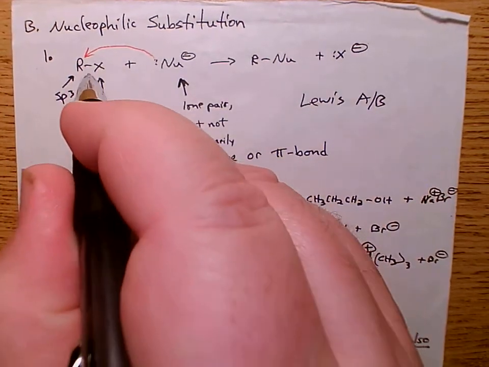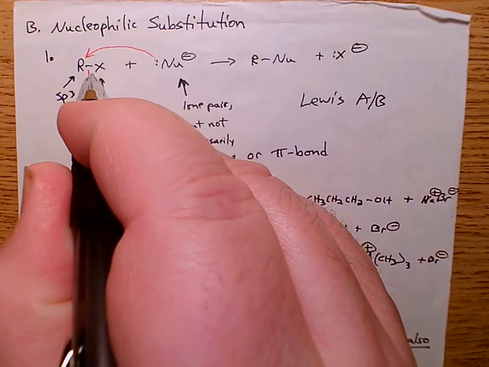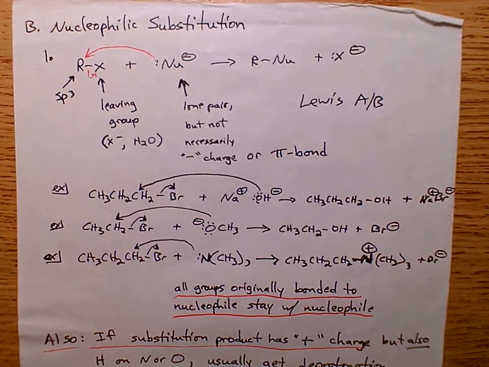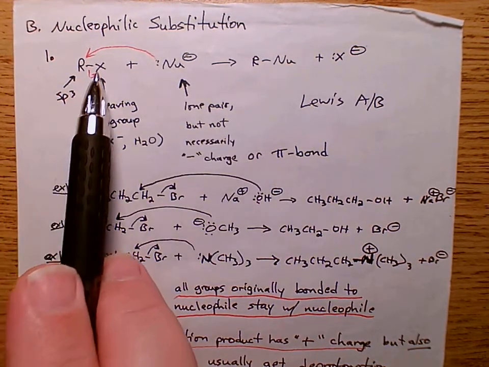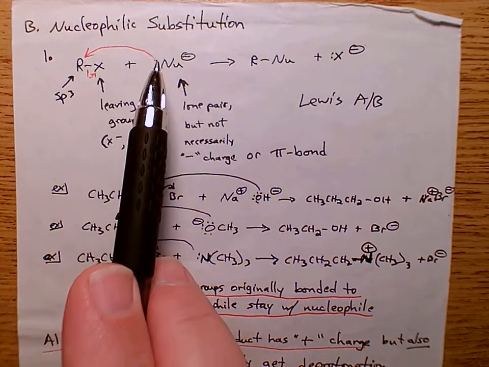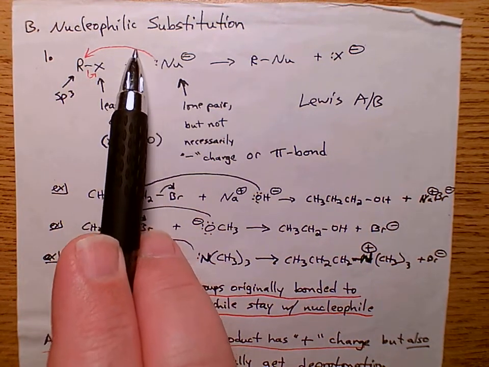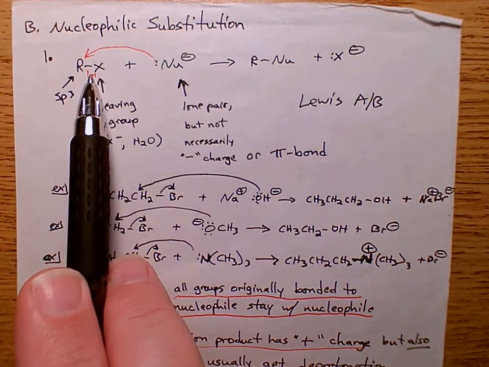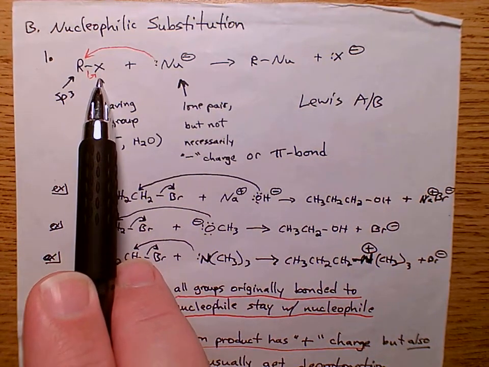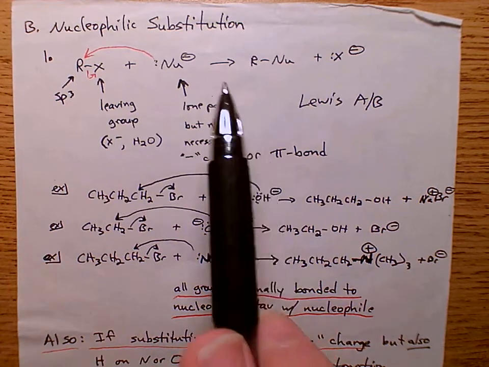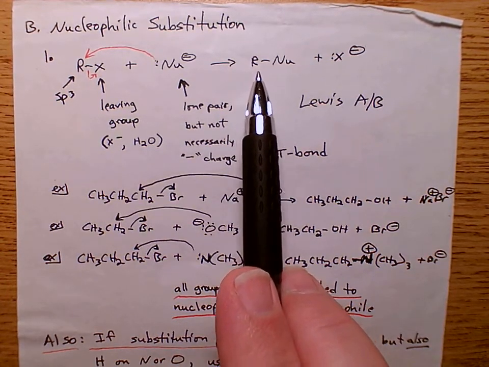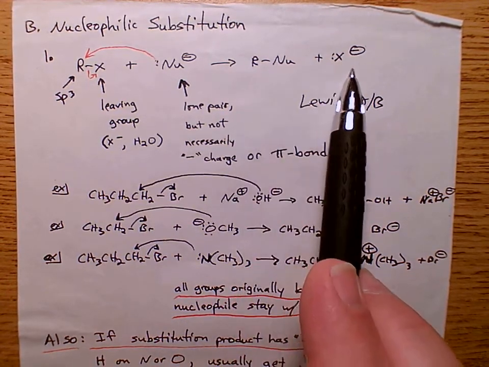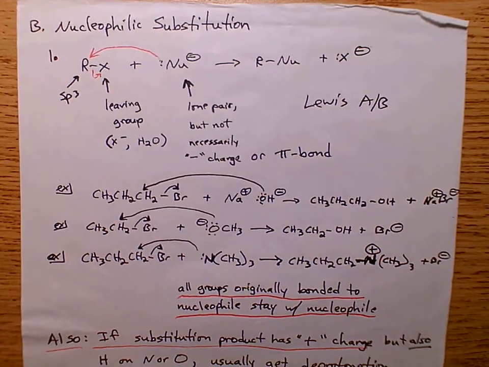And then the leaving group, our halogen or whatever, will just leave, and it will take both electrons of this bond. Note, the lone pair on the nucleophile becomes a bond between the nucleophile and this carbon that contained the halogen. The halogen leaves with both electrons. And so then we have substituted. R now has a nucleophile attached to it, and the halide ion is gone.